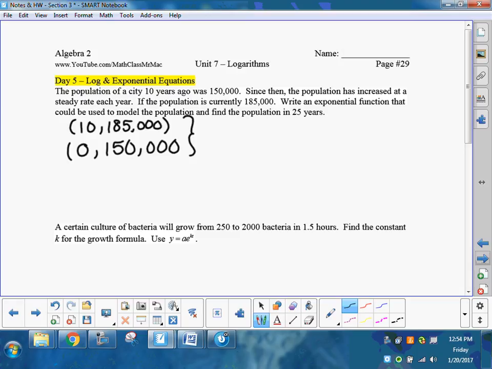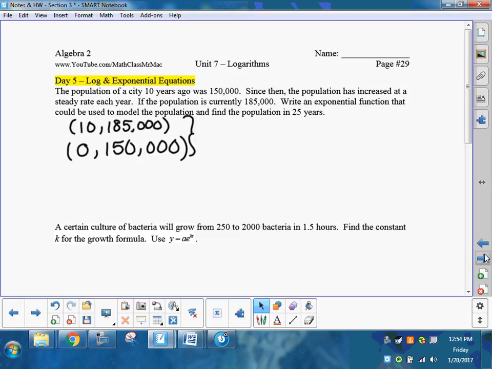Does anybody know how I can use the calculator to help me get an equation that goes through those 2 points? She's absolutely right.